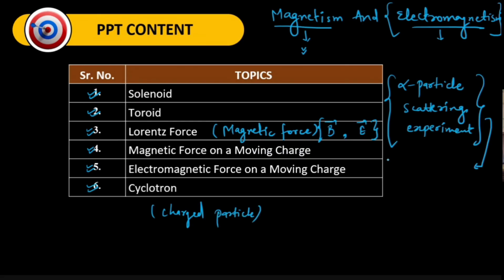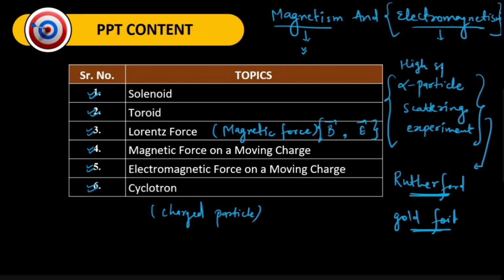No. All right. In order to understand the structure of the atom, Rutherford performed an experiment, and in that experiment, he bombarded alpha particles onto a gold foil. During this experiment, he bombarded high-speed alpha particles. In order to give those alpha particles that much high speed, the device which he used is the cyclotron. So we'll talk about that device also.